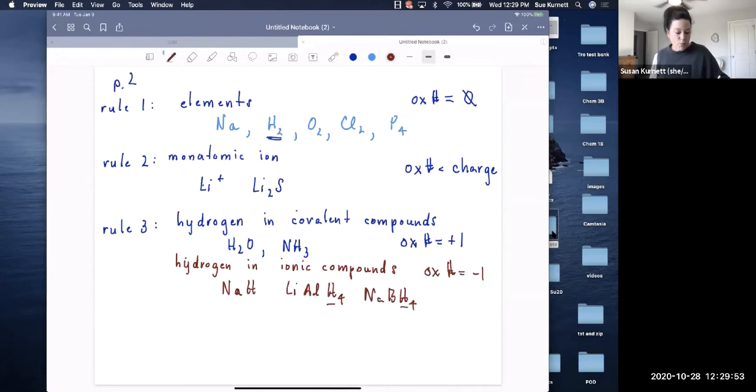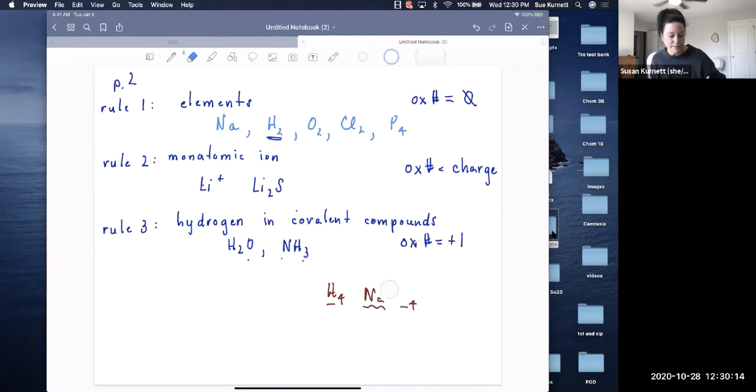For hydrogen, when it's with metals, it behaves as a nonmetal that's gained an electron and is isoelectronic with helium. So there is the possibility that hydrogen has an oxidation state of -1, but not in our class. That's something that you'll see in organic chemistry. I mean, you may see it once in our class.